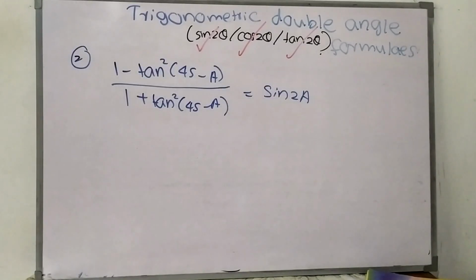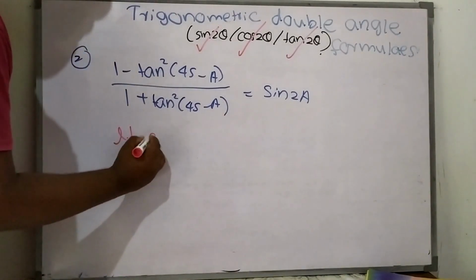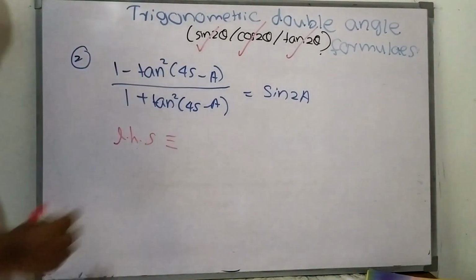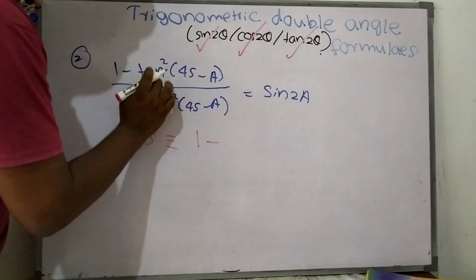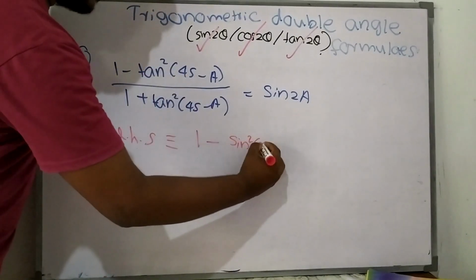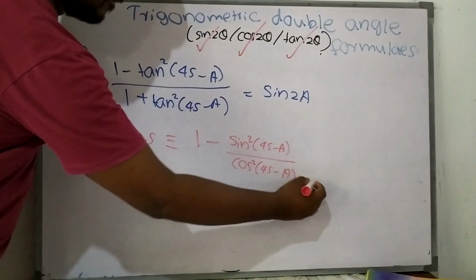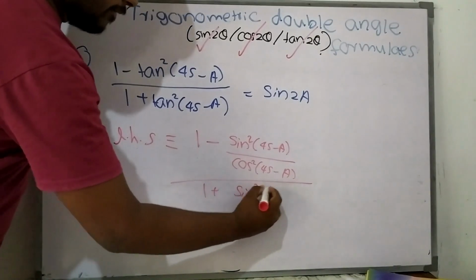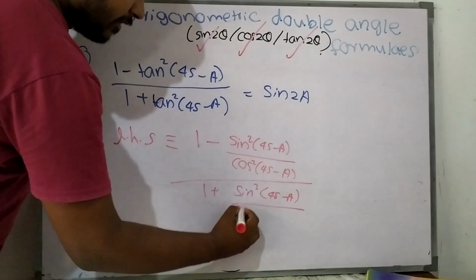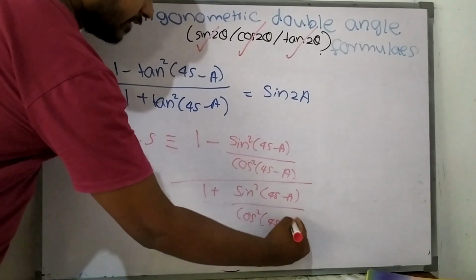Okay children, this is my next sum. 1 minus tan squared (45 minus A) over 1 plus tan squared (45 minus A) should be equal to sin 2A. So how do we prove it? Once again, I am starting from the left hand side. Tan squared can be written as sin squared over cos squared. So it is 1 minus sin squared (45 minus A) over cos squared (45 minus A), over 1 plus sin squared (45 minus A) over cos squared (45 minus A).